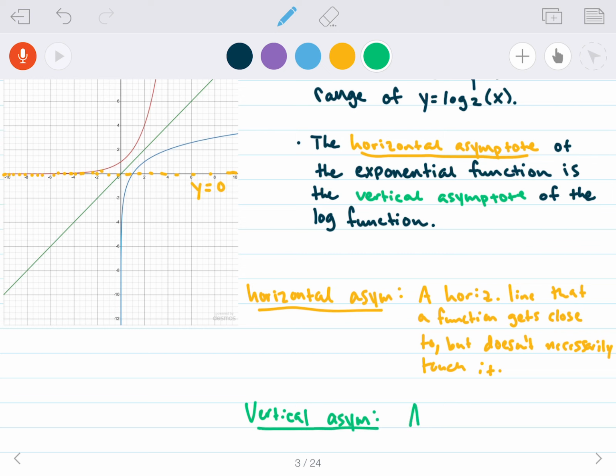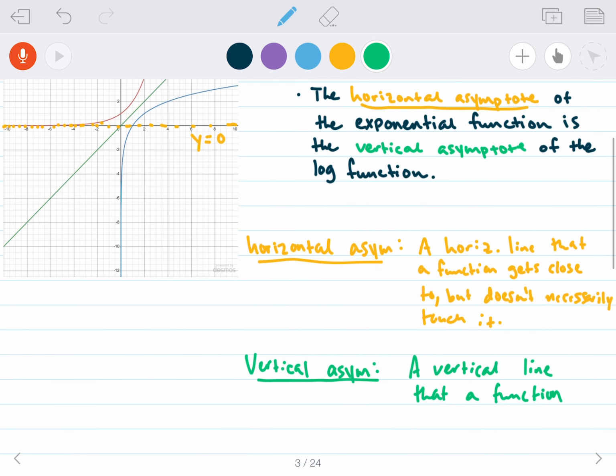So this is going to be a vertical line that a function gets close to but doesn't touch.